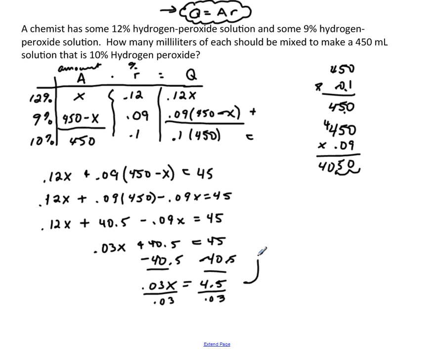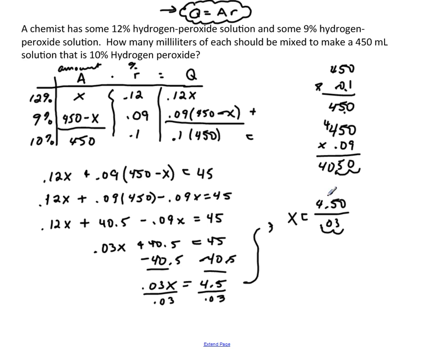And we're going to find that x would equal the fraction 4.50 divided by 0.03. If we want to eliminate the decimal, that means we're going to have to move that decimal place over twice.